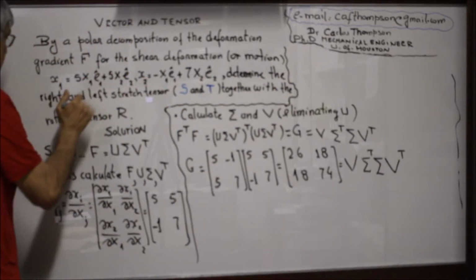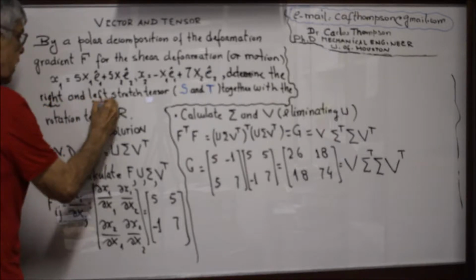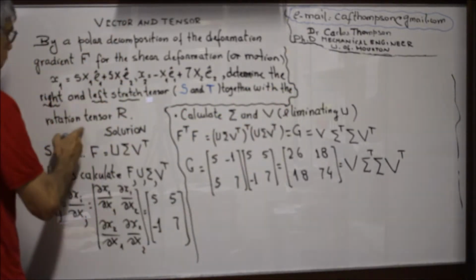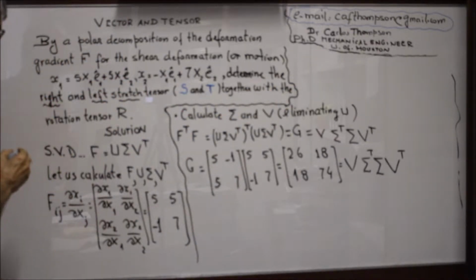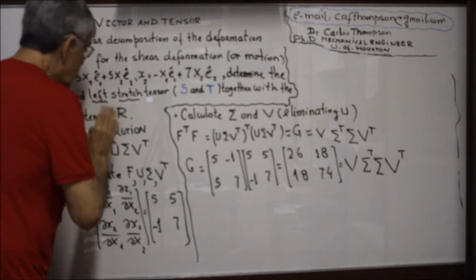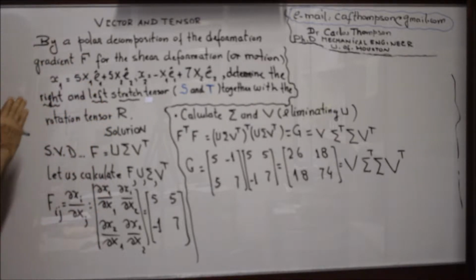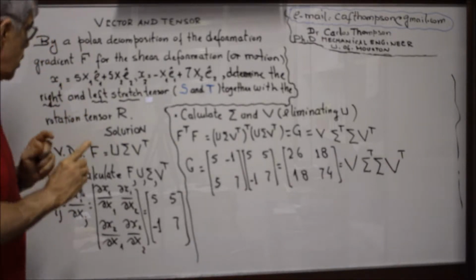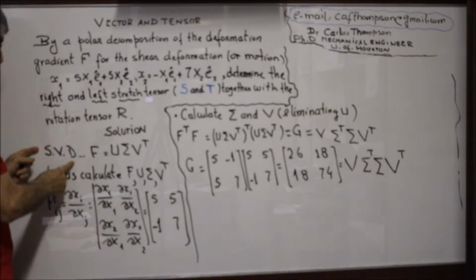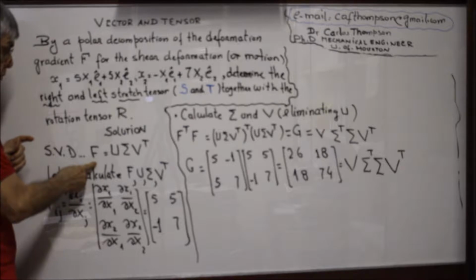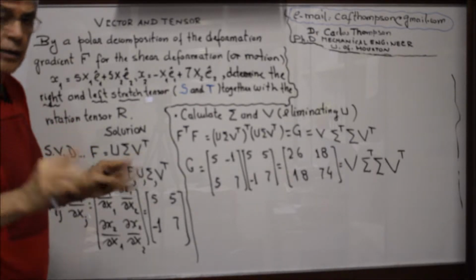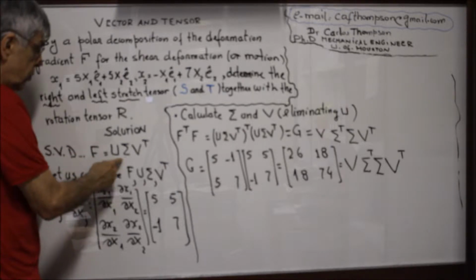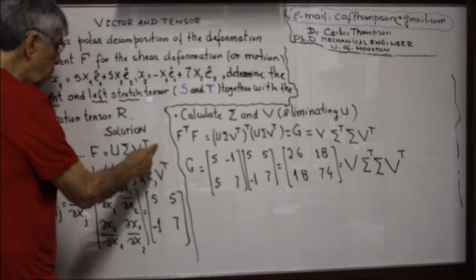Determine the right and left, attention here, right and left stretch tensors S and T together with the rotation tensor R. Now, we want to obtain the polar decomposition, but before that we write the singular value decomposition, in which F, or any matrix A, here we are using F is equal to U sigma V transpose.